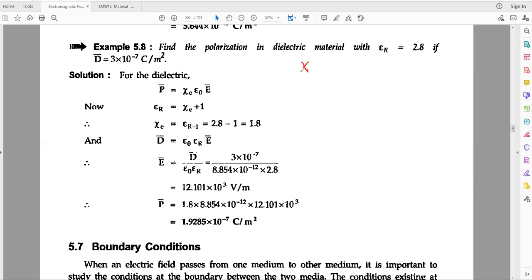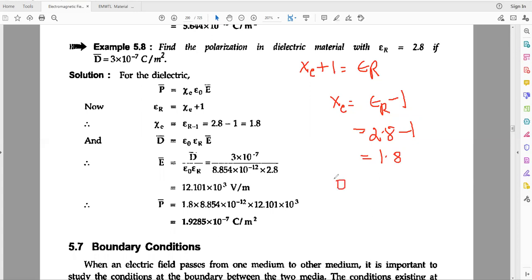We know χe plus 1 is equal to epsilon R, so χe is equal to epsilon R minus 1. That is equal to 2.8 minus 1. The χe now is 1.8.